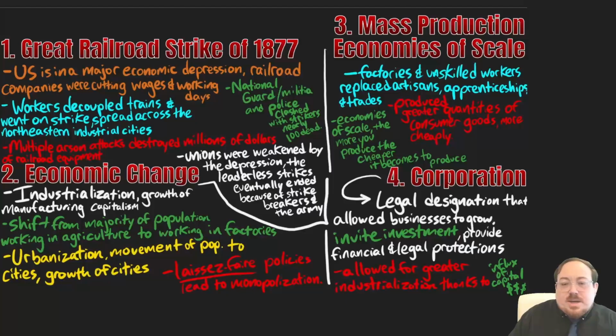But now, with the growth of factories, you need a lot of workers and you need people to do these jobs. So you will have people leaving farms and leaving other countries in the world to come to America in order to work in these factories. You also have another major change that happens because of this, which is due to the way our economy works.